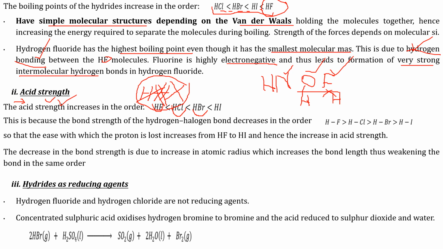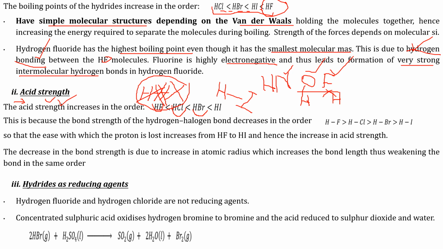Now, let me compare it with hydrogen iodide. Why is it going to be the most acidic? Hydrogen iodide is going to be the most acidic, the reason being iodine is the last element in group 7. And the last element in group 7 has the largest atomic radius.